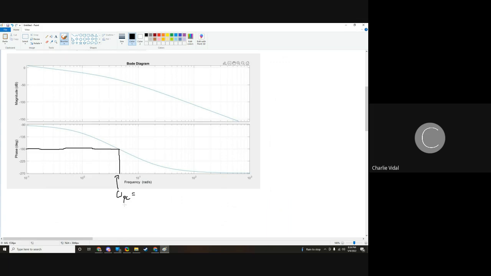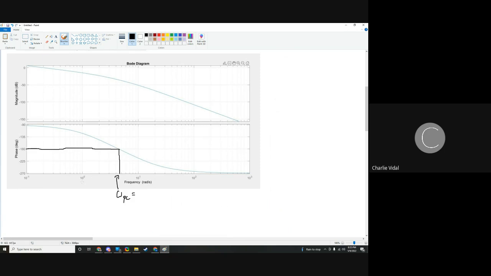Okay, so you're going to look at the x-axis and find where omega PC is. Just remember that this is a logarithmic scale, so it's going 10 to the second, 10 to the third, and over here is 10 to the 0, 10 to the negative 1.